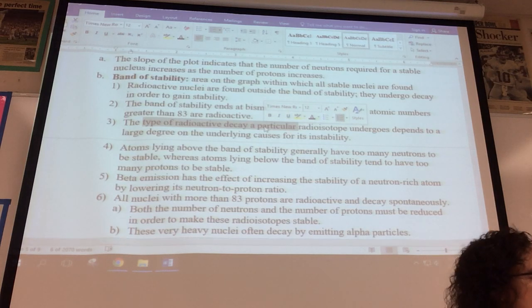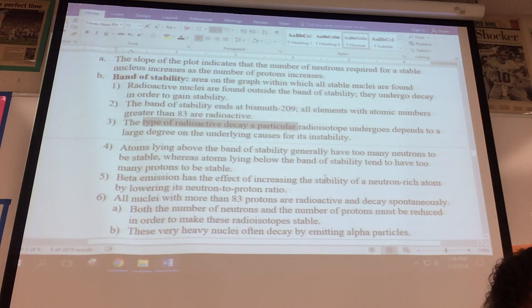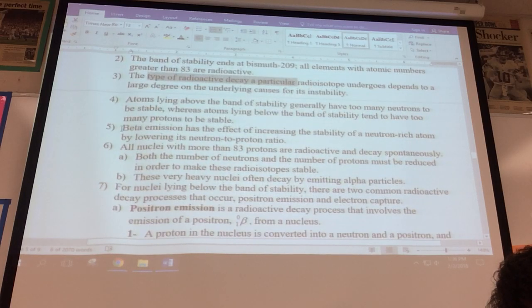If it's above the band, they generally have too many neutrons, and so you need a way to decrease neutrons. Beta emission typically will decrease that neutron to proton ratio, and that will get you back in the band.